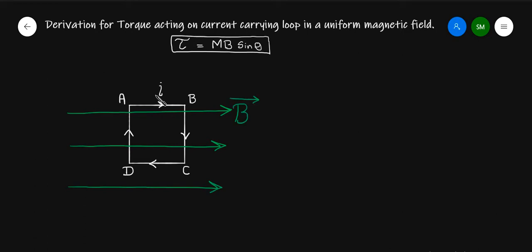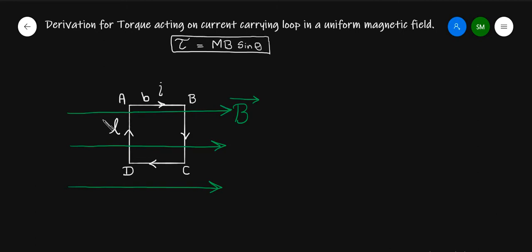The magnetic field is B bar. Suppose the length and breadth of this rectangular coil are as follows: the AD side I am calling L, and the AB side is the breadth, so the AB side is b. This is b, this is L.